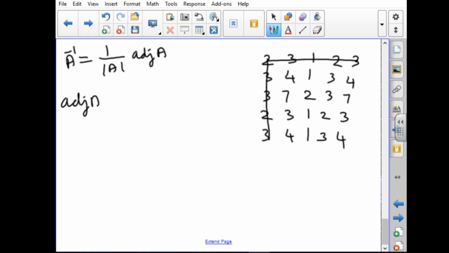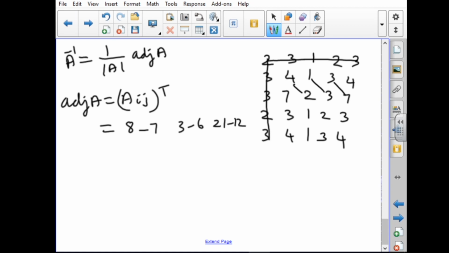So what is RGA? RGA is equal to Aij the whole transpose, that is cofactor matrix transpose. So we get 4 2s are 8, so 8 minus 7. Then 3 minus 6. Then 21 minus 12.